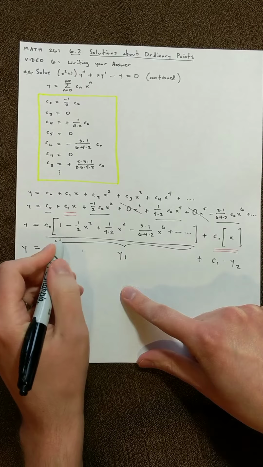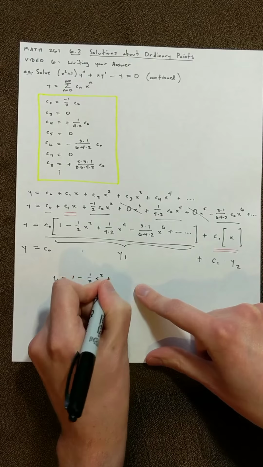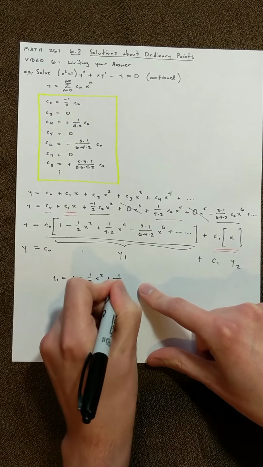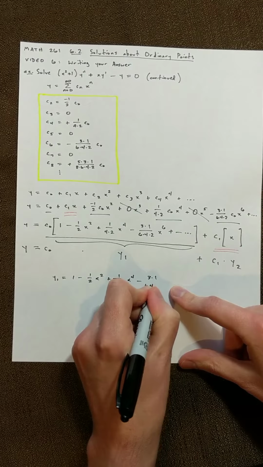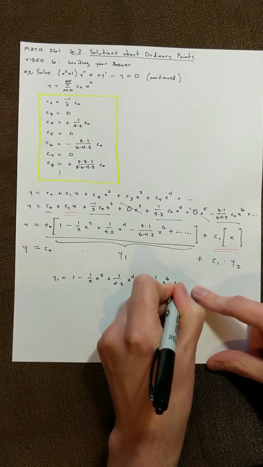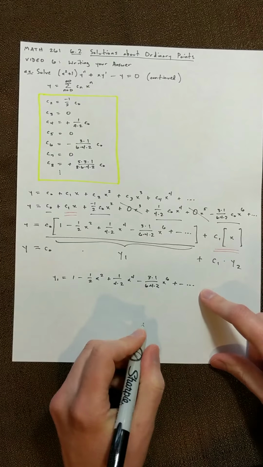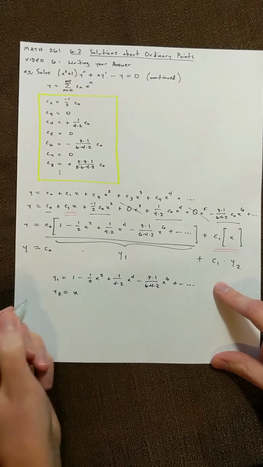We know the 2 particular solutions. y1 is the thing in the first brackets, 1 minus 1/2 x squared plus 1 over 4 times 2 x to the fourth minus 3 times 1 over 6 times 4 times 2 x to the sixth plus minus dot dot dot. And y2 is the function in the second brackets, which is just x.